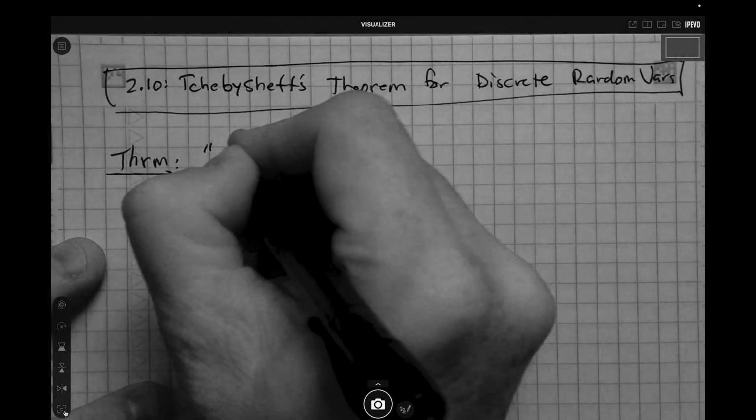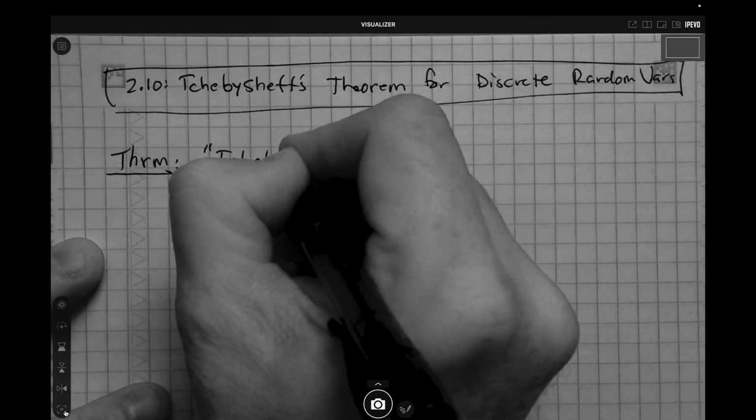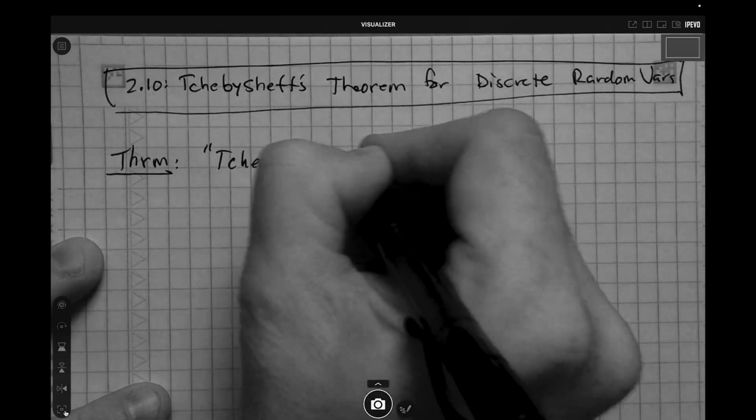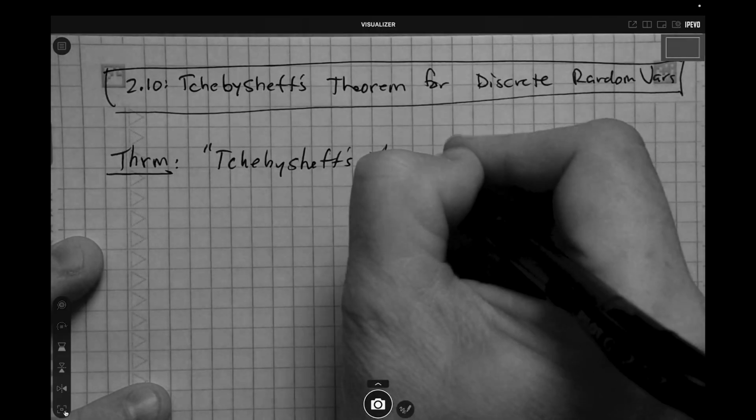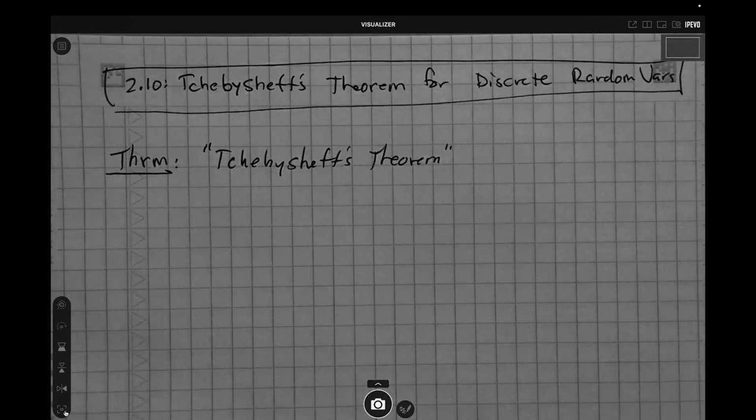So this is again, of course, called Chebyshev's theorem. It's based on an inequality that we'll talk about in a second as well, which is called Chebyshev's inequality. We'll start with the theorem, and then the inequality is very similar.